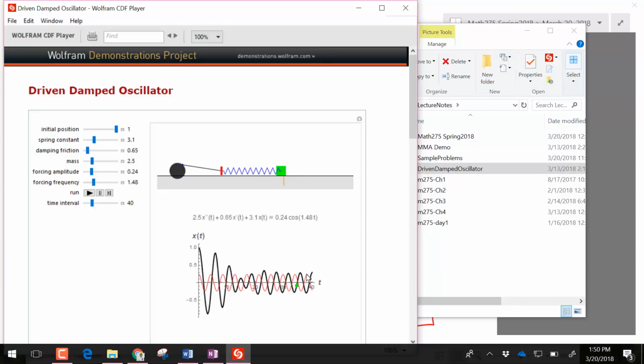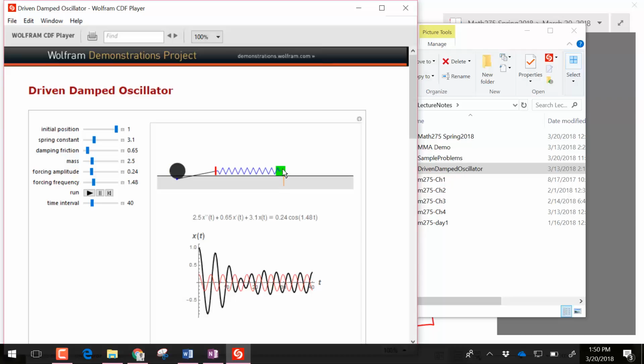We're going to talk about this after spring break, but this is your standard application for the spring. The black graph that's here is the motion of this green mass with respect to this red 0.